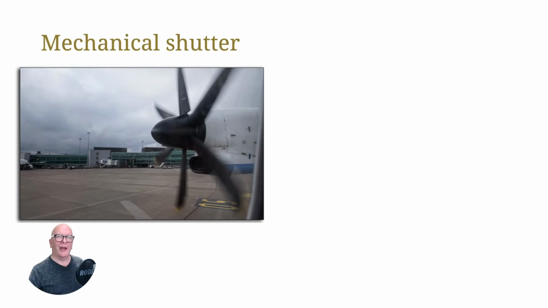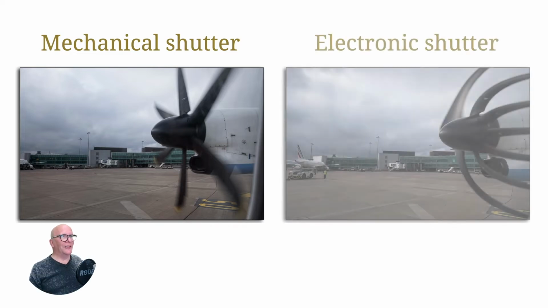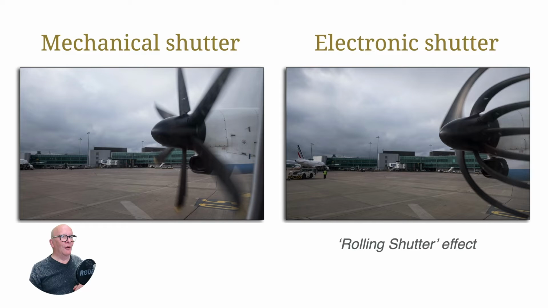But if you shot that with an electronic shutter, what happens is the item that you're photographing is moving so quickly that by the time that scanning on your sensor goes from the top to the bottom, the subject you're photographing may have moved a bit. It isn't in the same place as when the scan started at the top of the sensor, and you get strange effects like this. And that's called rolling shutter.